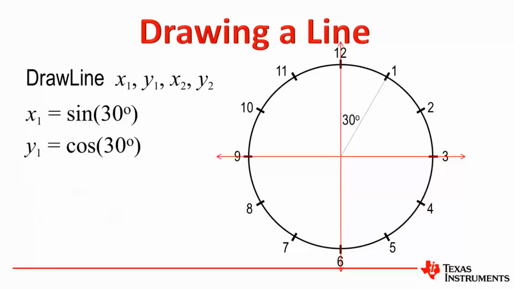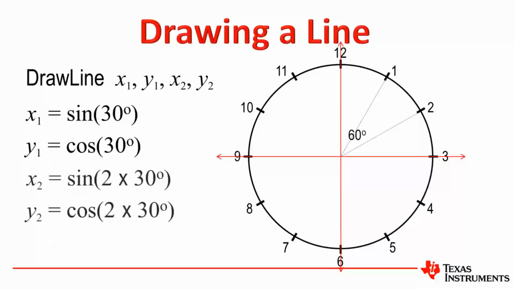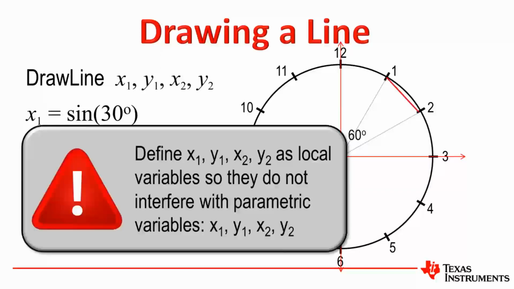If you're thinking parametric equations, another thing you can check out now is the plot tool, the progressive plot for parametric equations. It's kind of cool in the CX2. And our next coordinate, x2, y2, would then simply be 2 lots of 30 for sine and 2 lots of 30 for cos, the 2 being our modular arithmetic that we were doing before.